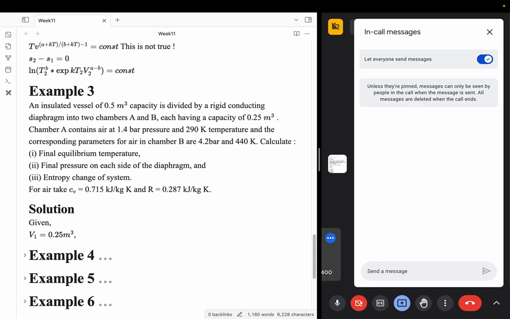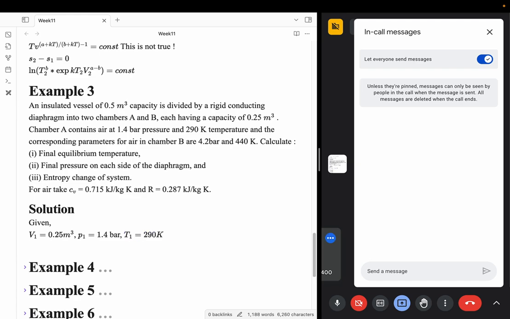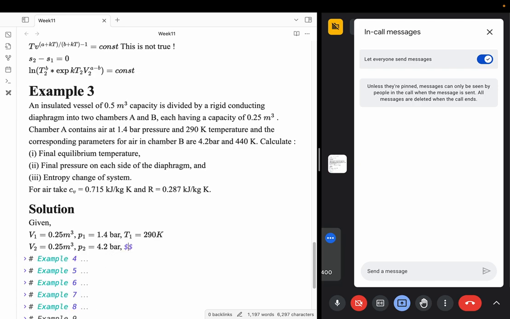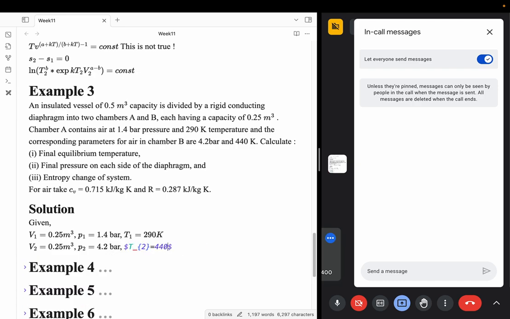Then P1 is 1.4 and T1 is 290. It is already given in Kelvin. Similarly, V2 is also the same. P2 is given as 4.2 and T2 is given as 440.